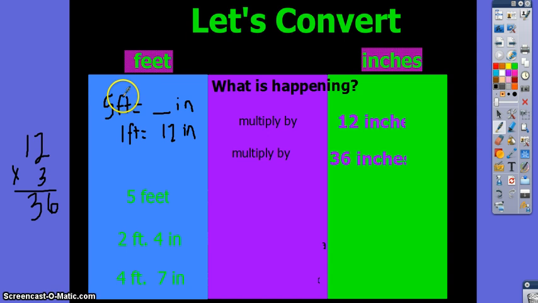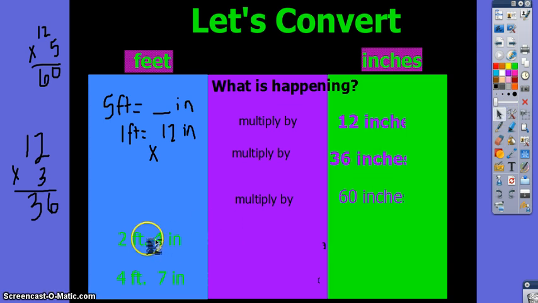So if I'm moving from a large unit to a small unit, I'm going to multiply. So I can multiply 12 times 5 and get 60. Okay, so 5 feet converted to inches is 60 inches. And all I had to do was multiply by 12.